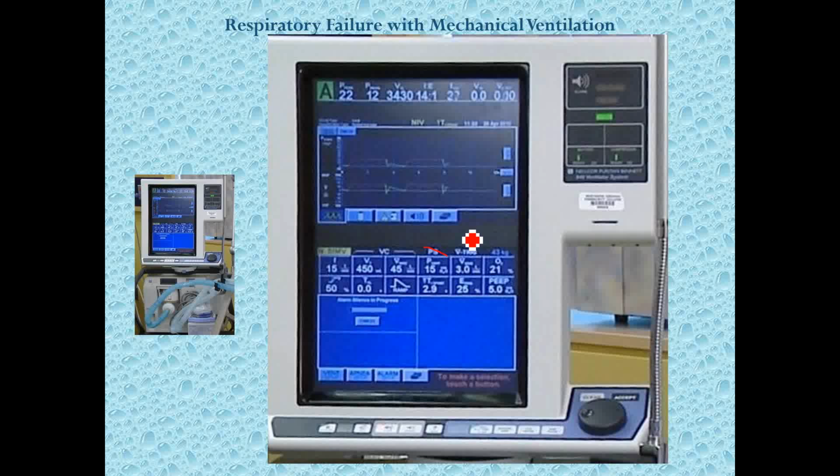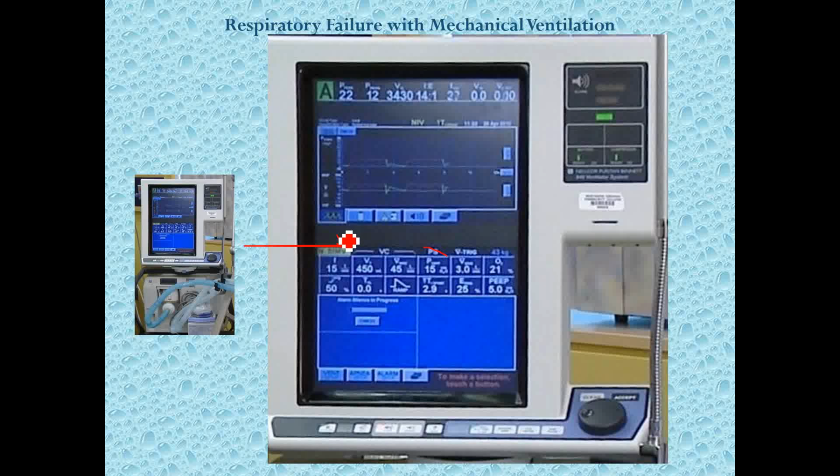So what does that mean? When we want the patient to come off the ventilator, this will vary depending on the patient and the physician prescription. Sometimes we wean them slowly, sometimes they're weaned fast. Sometimes patients are placed on SIMV, which I had already mentioned, where the patient does a good portion of the work and the ventilator does some of the work.